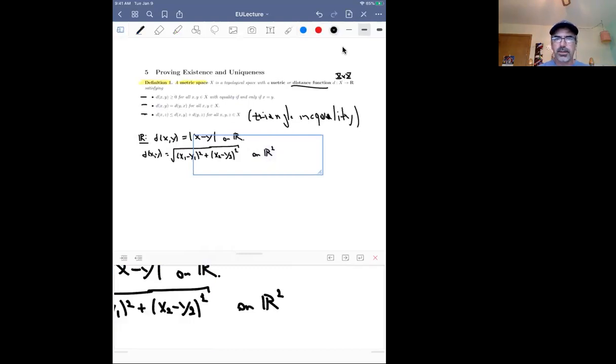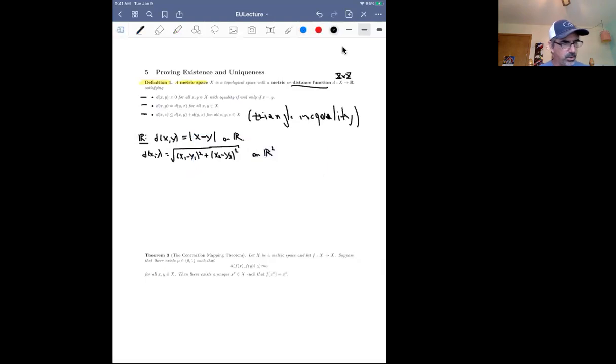These are called the Euclidean metrics. These are not the only metrics on R2 or R3. We could generalize this to R3 and Rn in general. There are other distances, and sometimes there are good reasons to use them.